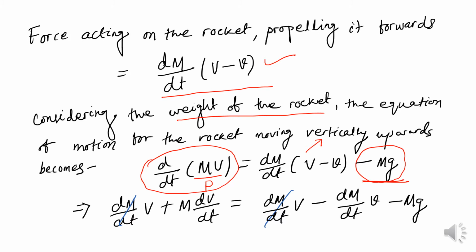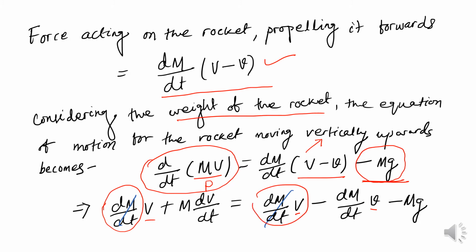If we open this derivative, we have dm/dt multiplied with V, then M dV/dt. This gives dm/dt multiplied by V, opening this bracket, minus dm/dt small v, minus Mg.